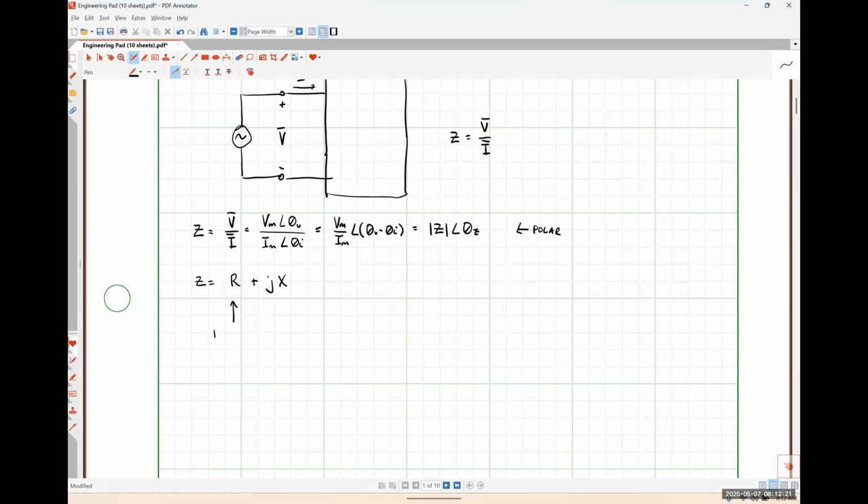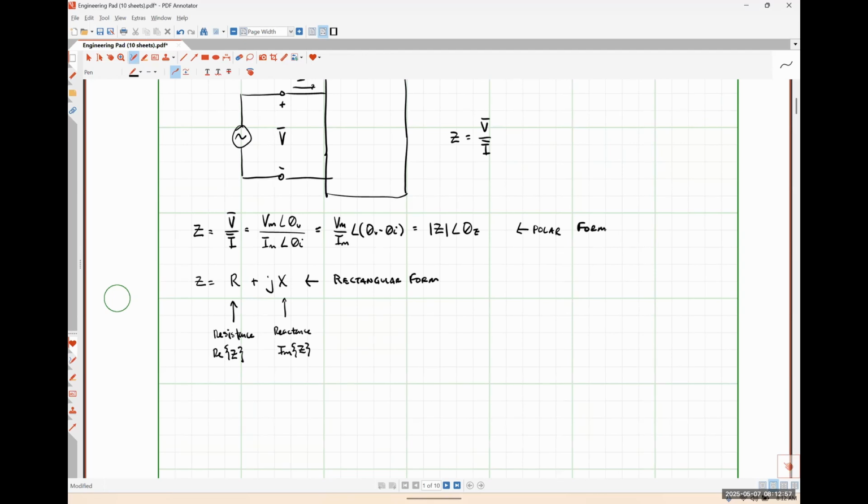Where R is resistance representing the real part of our impedance, and X is reactance representing the imaginary part of our impedance, like so. So this is our rectangular form. Okay.